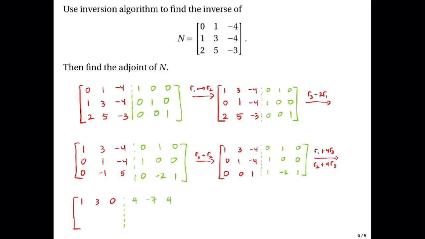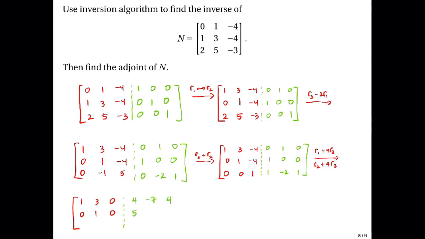For the second row, we have row 2 plus 4 row 3. We have 0 plus 0, that's still 0. 1 plus 0, that's still 1. Negative 4 plus 4 times 1, that becomes 0. In here, we have 1 plus 4 times 1, that becomes 5.